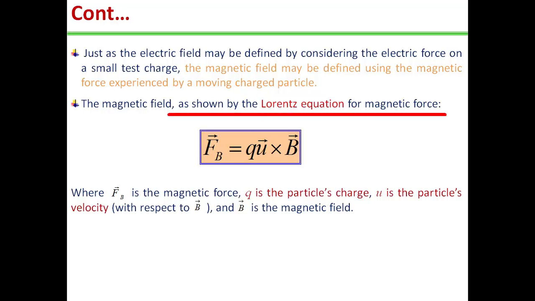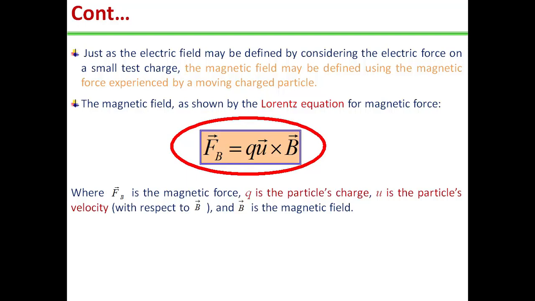As shown by the Lorentz equation, the magnetic force is defined as F_B equals q u cross B, where F_B is the magnetic force and q is the particle charge. u is the particle's velocity with respect to the magnetic field, and B is the magnetic field, which has unit Tesla.